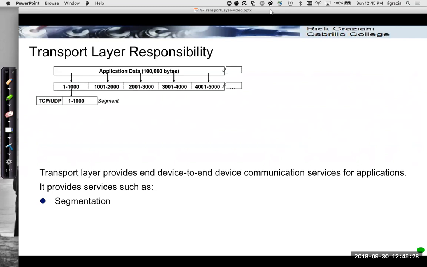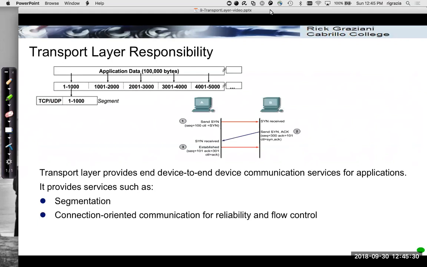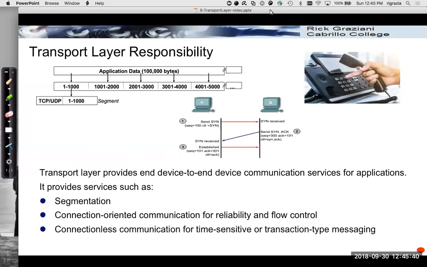Also, connection-oriented communications for reliability and flow control, as we'll see in a moment, that's specifically TCP. And connectionless communications for time-sensitive or transaction-type messaging. We're going to see that specifically for UDP.